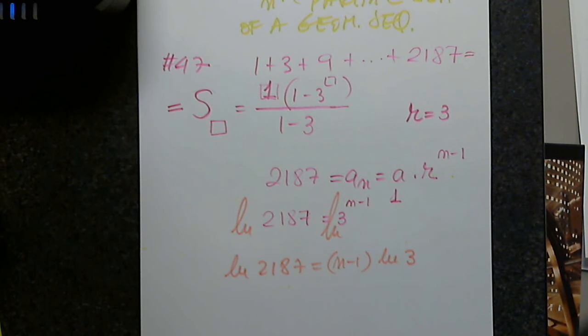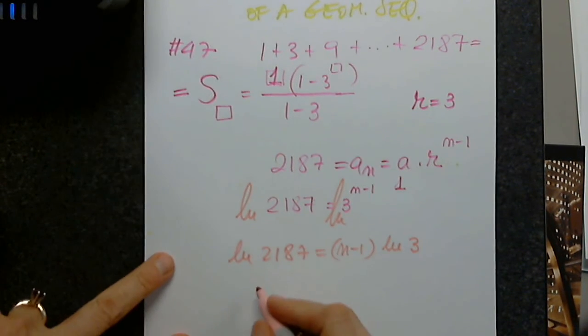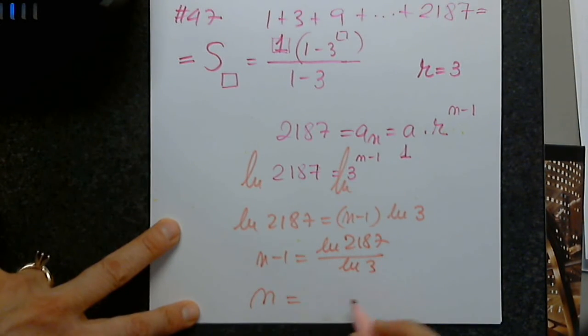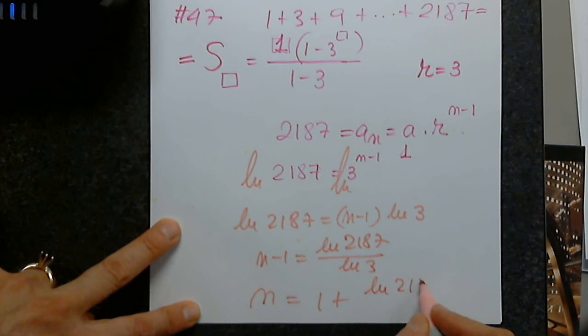What am I looking for? What am I after? What am I determining? Of course. So what do I do then? Absolutely. And then add 1. Very good. So then N minus 1 equals natural log of 2187 over natural log 3, and then N equals 1 plus whatever this is.